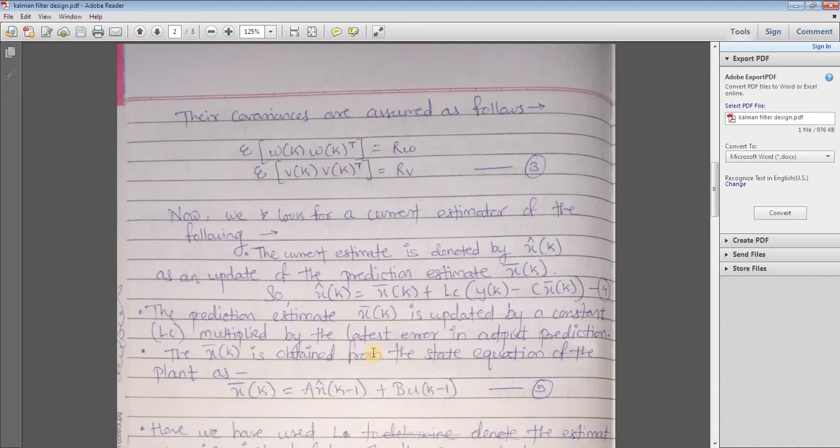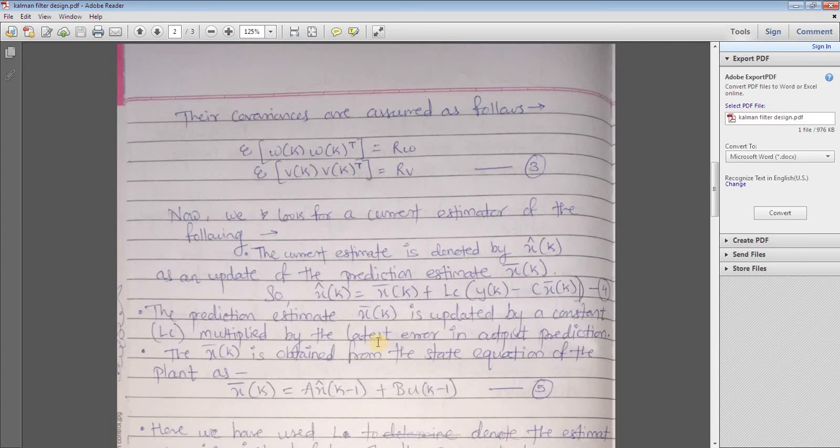The prediction estimator, which we have seen in the last point, uses the measurements up to the previous time instant in order to provide an estimate of the state at the current instant. This procedure should be followed only if it takes one sample time to carry out the calculations involved in the estimation.